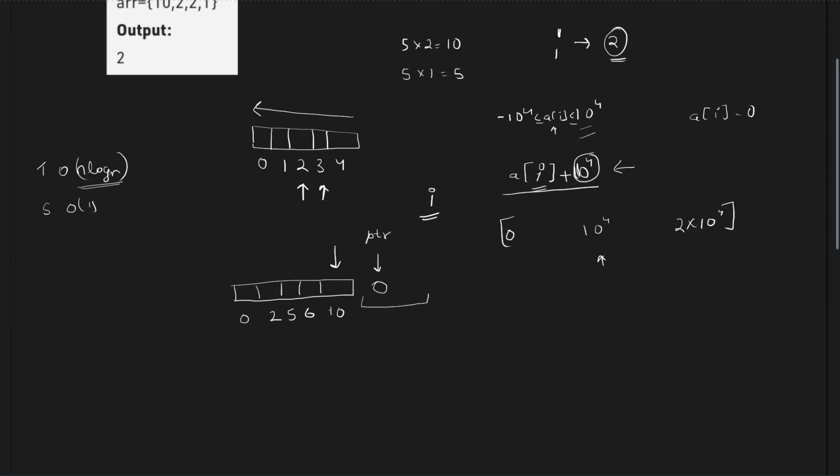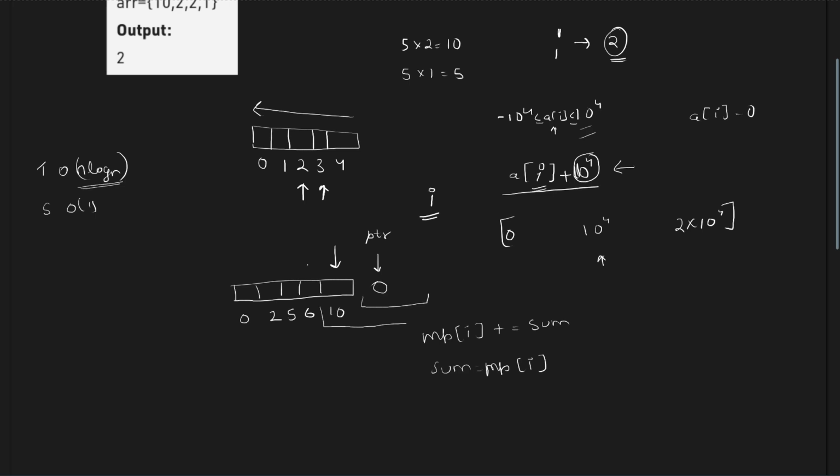So at every point I can just do current plus MP of i. I can add the sum from all the elements to the right of it, and I can update my sum as MP of i, because MP of i will now contain the sum of all the values starting from this particular position till the end.